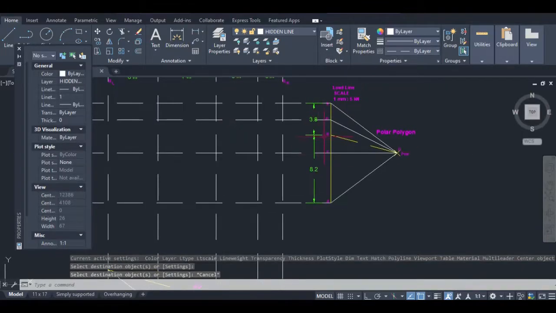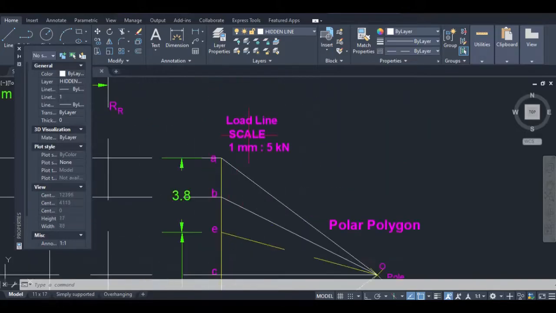So now we need to convert these according to the scale. Bearing in mind that our scale is 1 to 5, 1 millimeter of the drawing represents 5 kilonewtons. To determine how many kilonewtons 3.8 represents, what would we have to do? Yes, simple. Multiply 3.8 millimeters by 5.